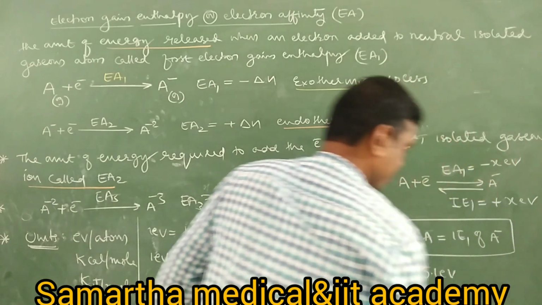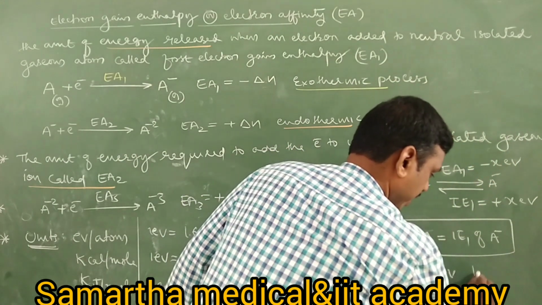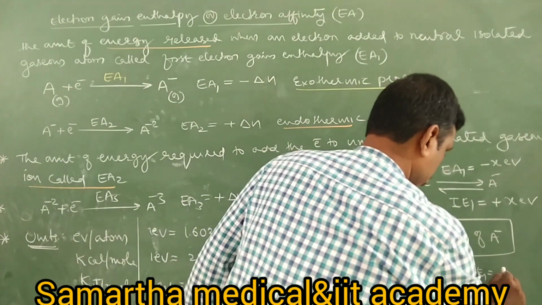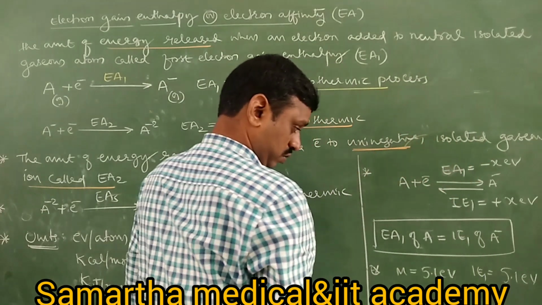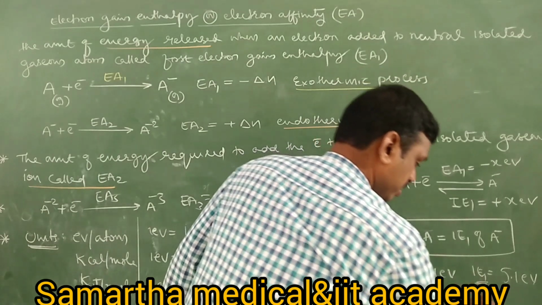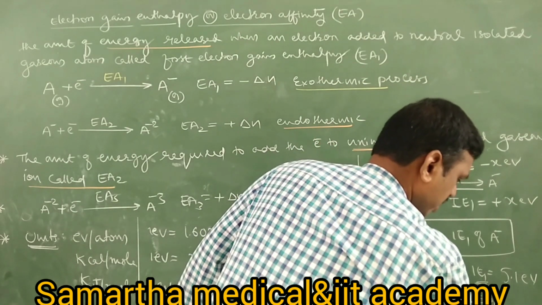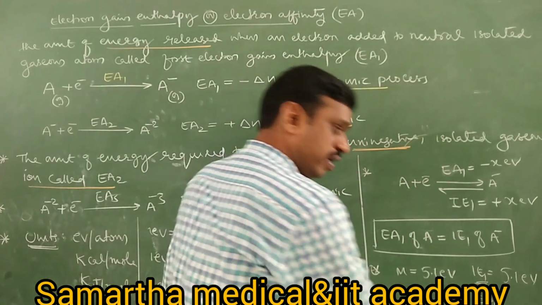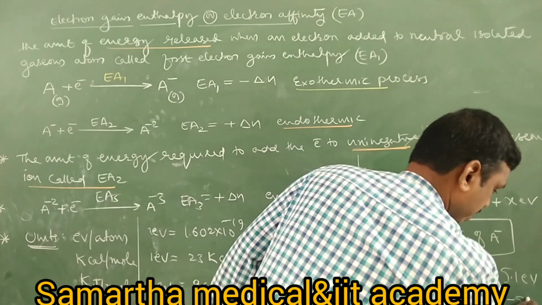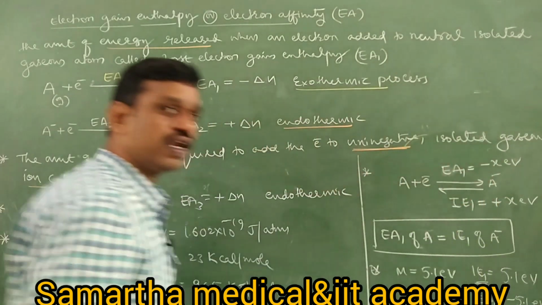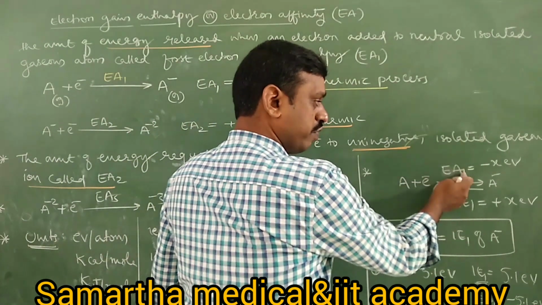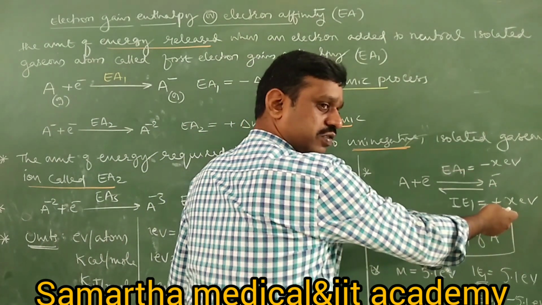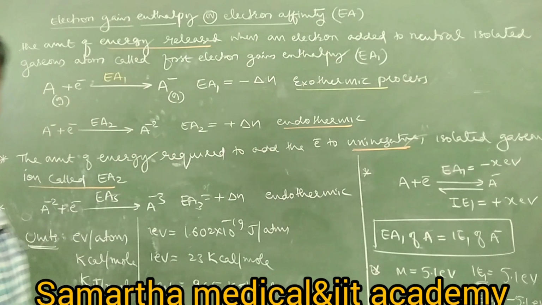In the question it is given that IE1 is equal to 5.1 electron volt. The question is, what is its first electron gain enthalpy? It should be minus 5.1 electron volt. No need to calculate, because if EA1 is minus, IE1 should be plus, right?